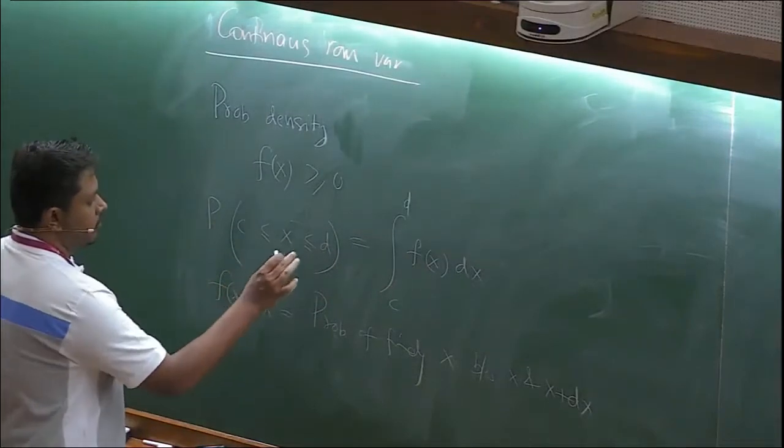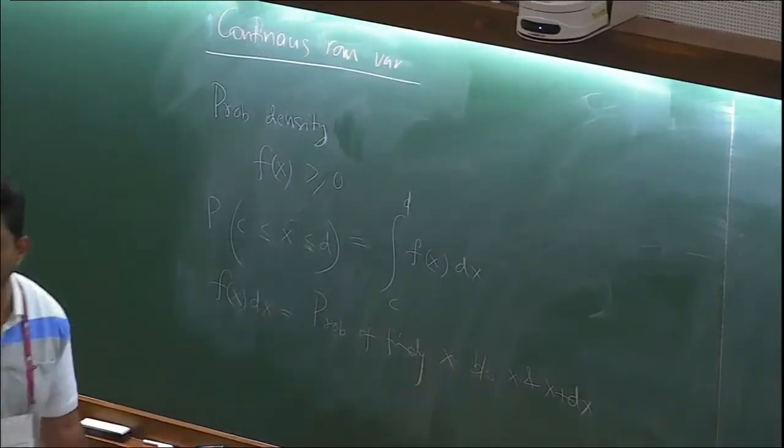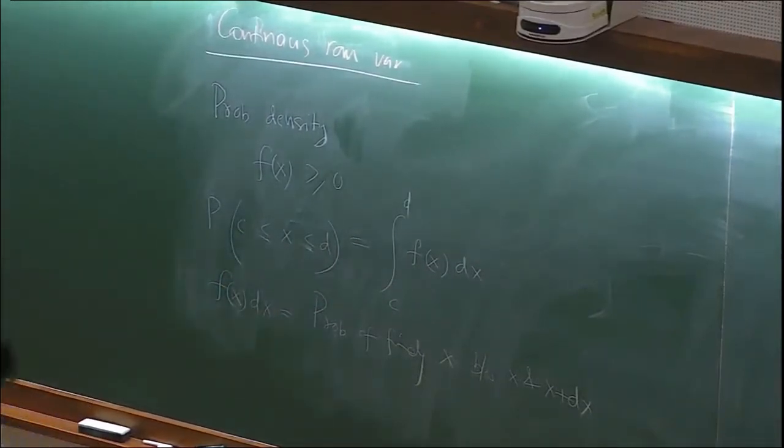In fact, it doesn't matter whether you include the endpoints. The probability of being at that point is zero. It's a zero measure.